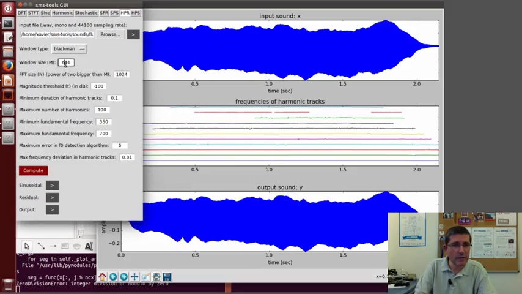For the flute sound, let's put 800, let's put 2048, and in terms of the threshold, minus 80, the minimum duration, let's just put 0.2, number of harmonics, we don't need that many, and well, this will be okay, 350, 700, and this, I think, 7 was all right. And let's make it not as open in terms of the deviation as before. Let's just put maybe 0.02, see what happens.